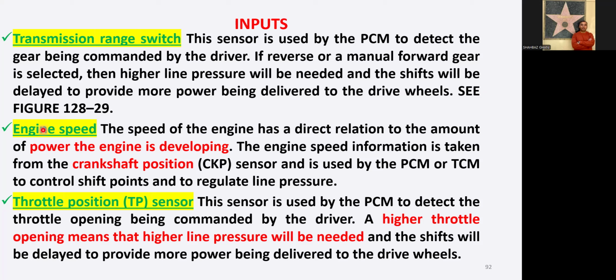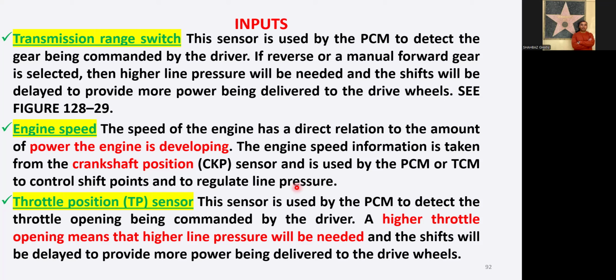Now the engine speed sensor. The speed of the engine has a direct relation to the amount of power the engine develops. The engine speed information is taken from the crankshaft position sensor. So the engine speed is directly determined from the crankshaft position sensor and is used by the powertrain control module or transmission control module to control shift points and to regulate line pressure.